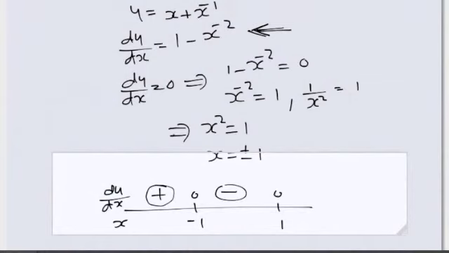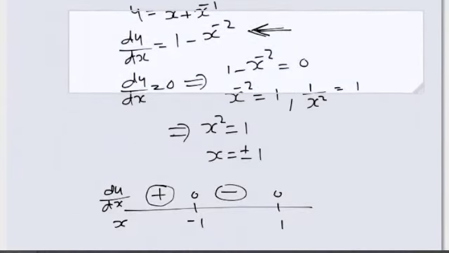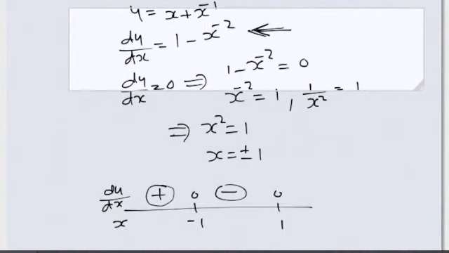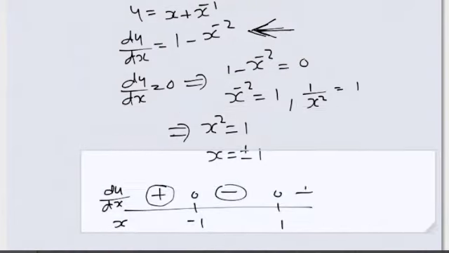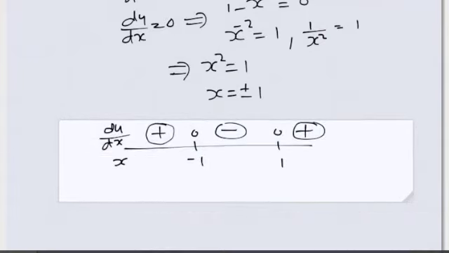If we substitute a value slightly above 1 in this expression for dy/dx, we will obtain a positive value. So clearly at minus 1, for values of x slightly less than minus 1, the gradient is going to be positive.